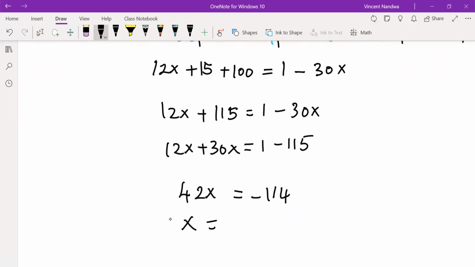And so x will be minus 114 divided by 42, which gives us minus 19 over 7.